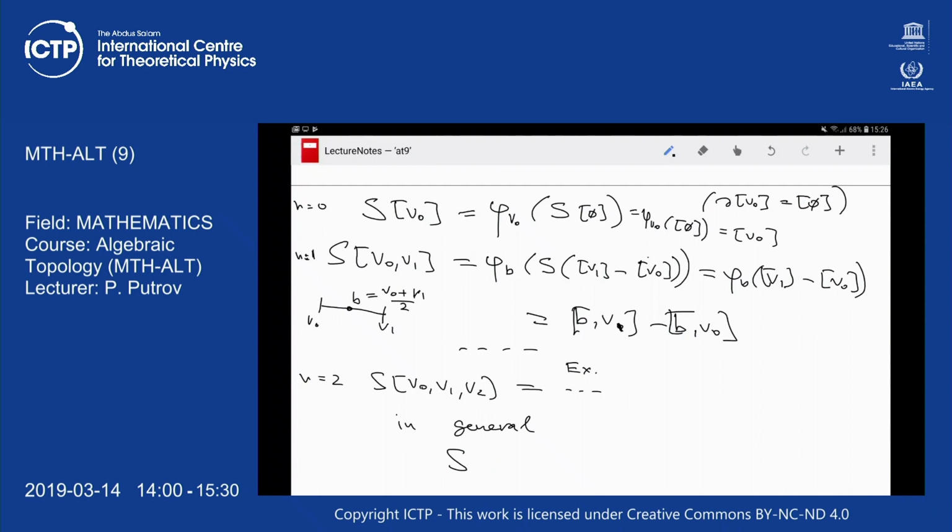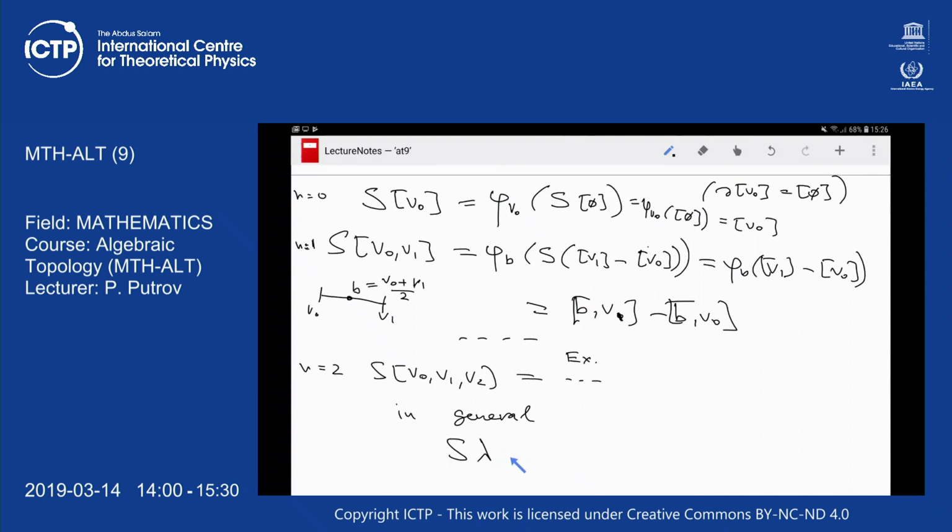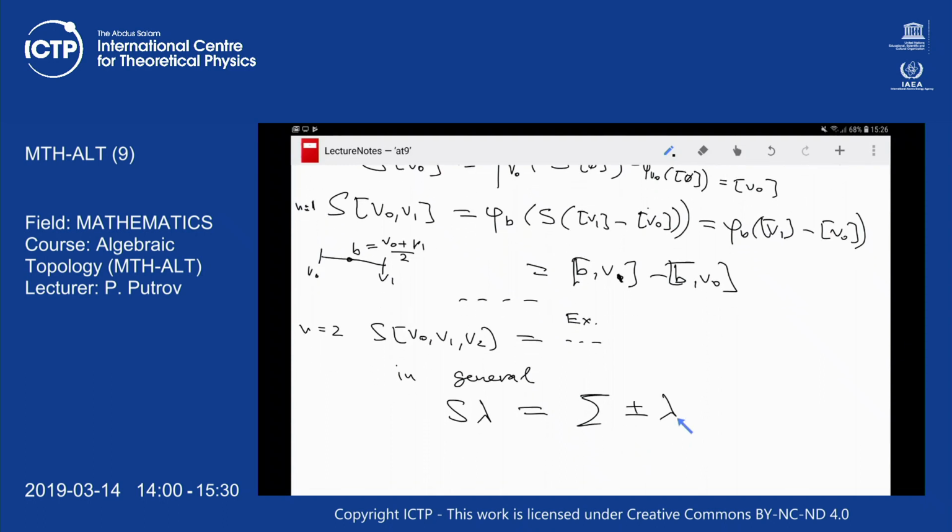S of some lambda will be the sum with plus and minus signs of some lambda i's, such that lambda i is in the barycentric subdivision of lambda itself.